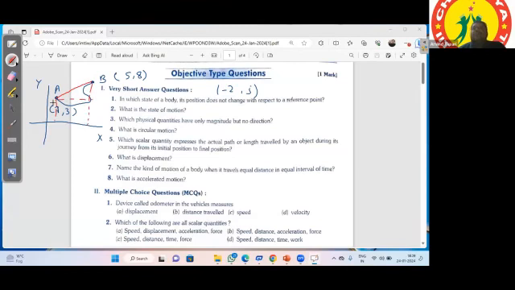You will learn a lot about displacement in higher classes. In two dimensions, it is vectors. You will study vectors in detail in grade 11. For now, if you are asked what displacement is, it is the shortest distance between initial and final position.